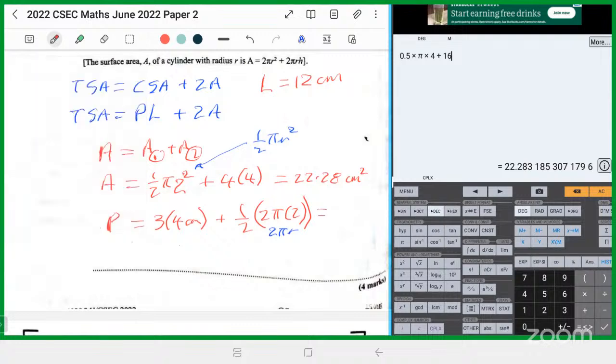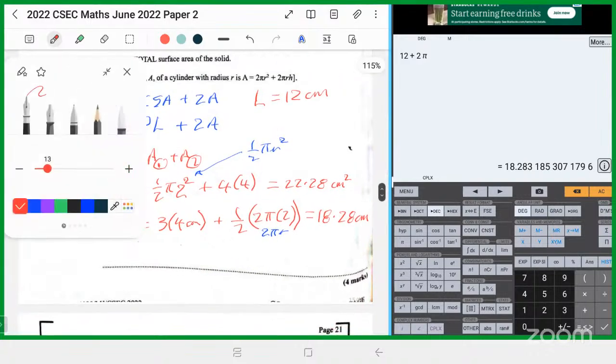This is 3 times 4, which is 12, plus half of 2 pi r. The half cancels the 2, and we're just left with pi times 2, which is 2 pi. So it's 18.28. That's 18.28 centimeters, the perimeter of the end.